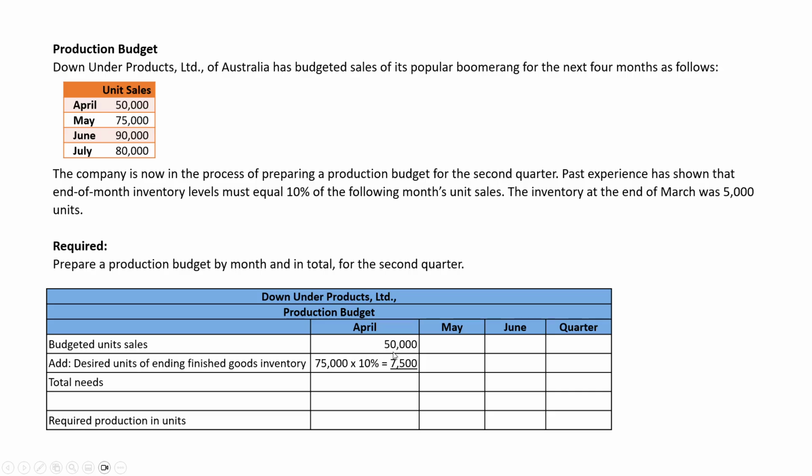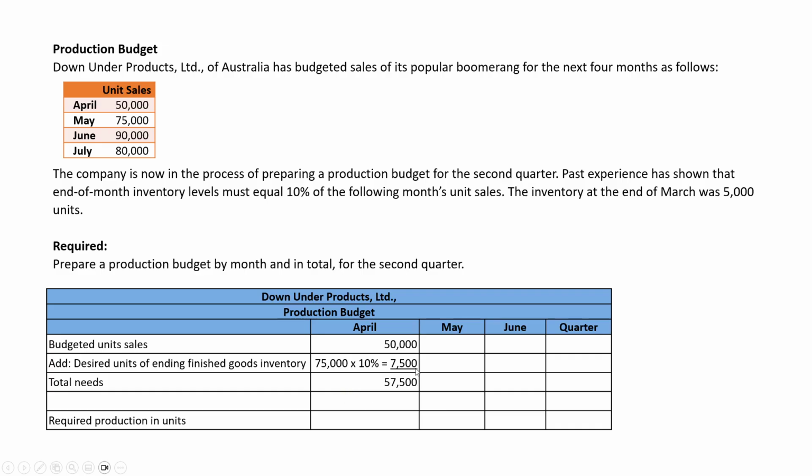If we're in April, the next month is May. May's sales are predicted to be $75,000. So let's take that $75,000 in sales times 10%, and let's have an additional 7,500 units on hand. Again, just in case April sales are bigger, and also have a little bit of inventory in hand at the end of April to carry us into May.